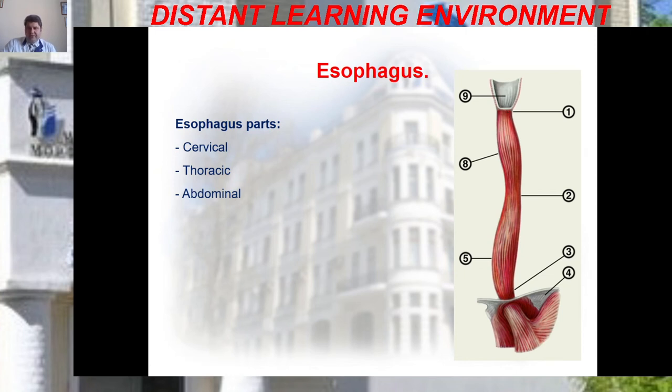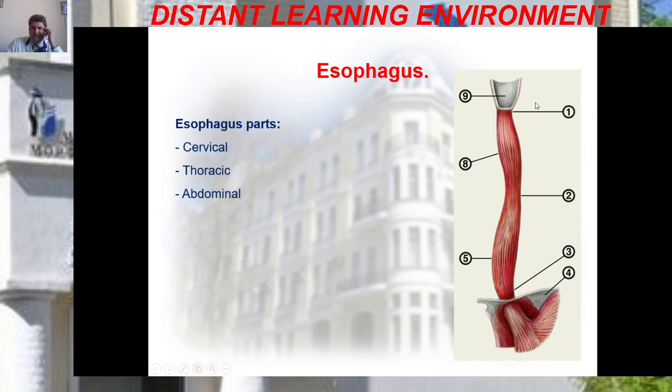First group is anatomic constrictors, which are observed also in a live person and also in cadavers. And second group is physiologic constrictors, which exist only in a live person.